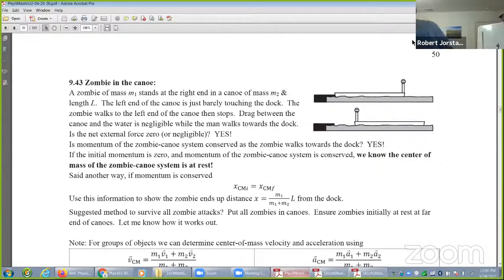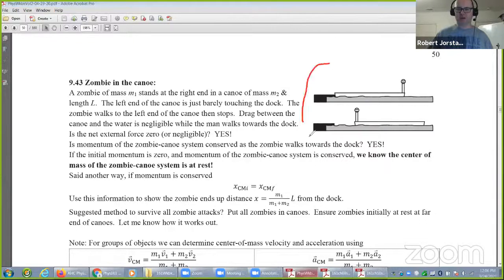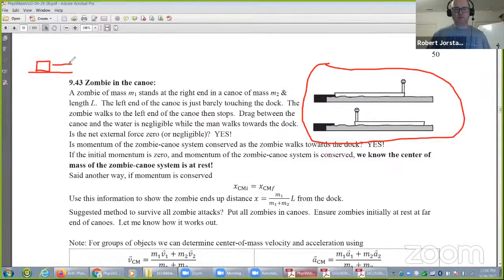Okay, so we haven't done much of this yet, but I want to point out something that is different about this problem than every problem we've done so far, by looking at these pictures. For most of the problems so far, we've been talking about a block that moves around, or a block that splits in half and flies into two pieces, or two blocks that collide and form a single mega block.